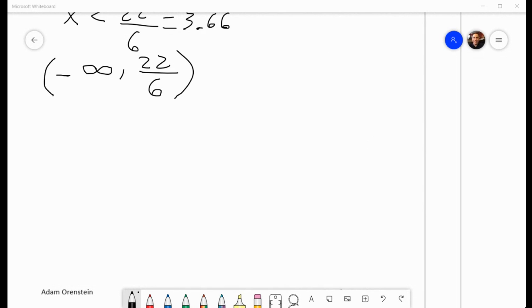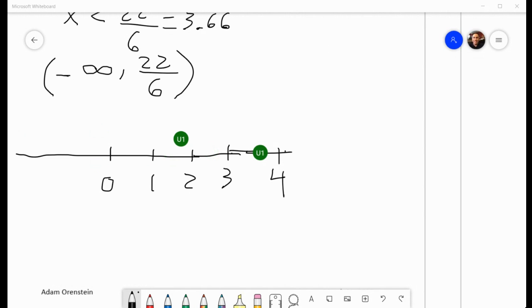Okay, so from here now, what can we do? If we were to graph it, I'm going to label this a bit. We have 0, 1, 2, 3, 4. I know 22 over 6 is between 3 and 4.